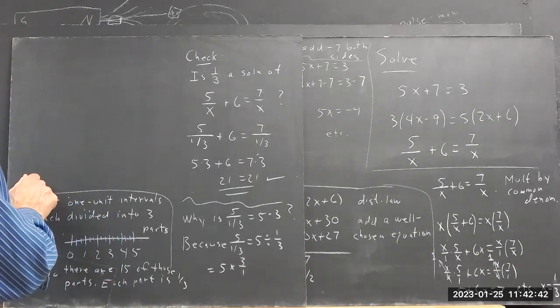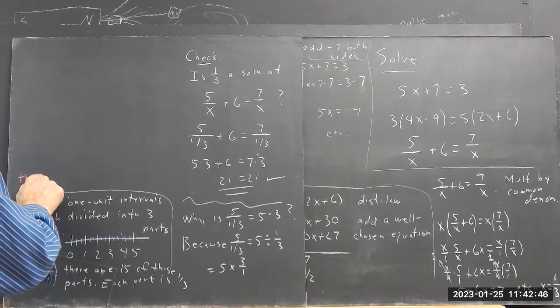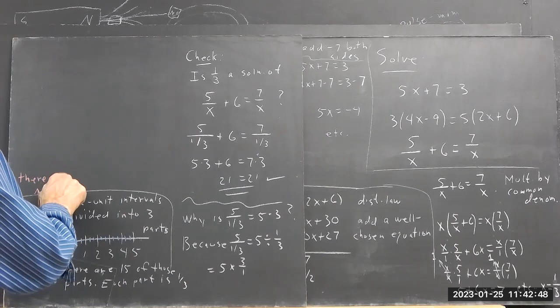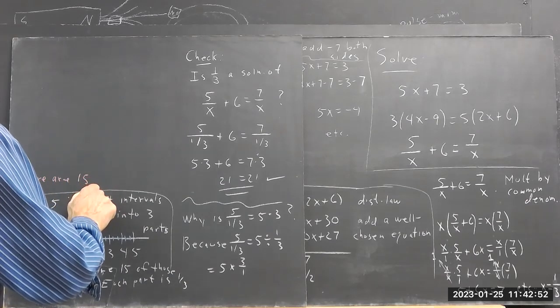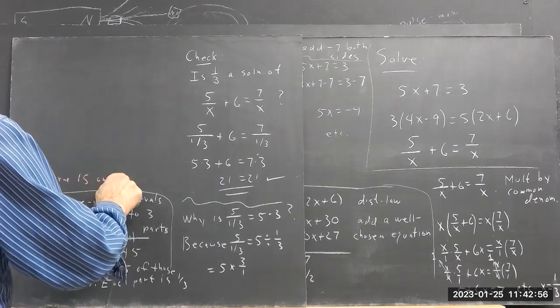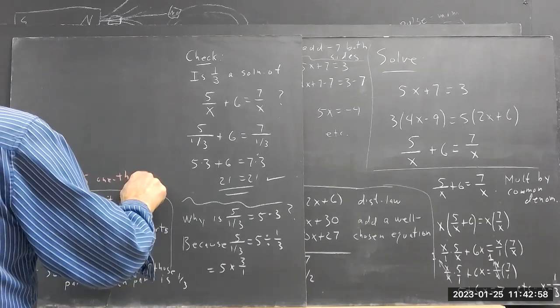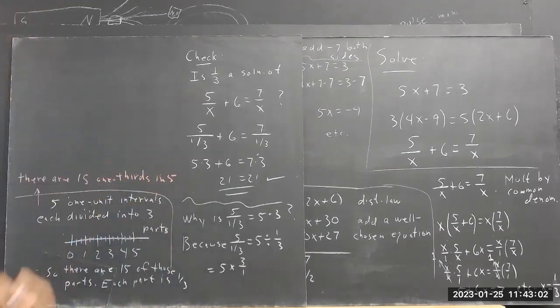So our conclusion: there are 15 1/3s in 5, right?